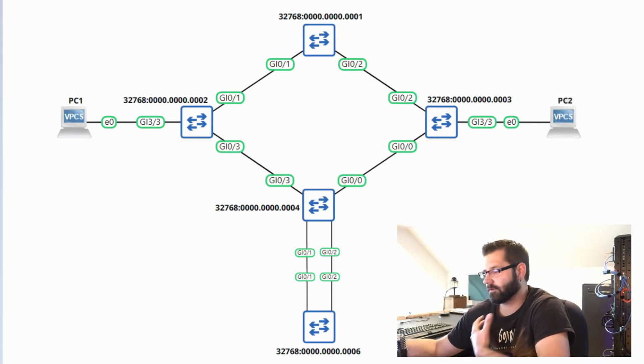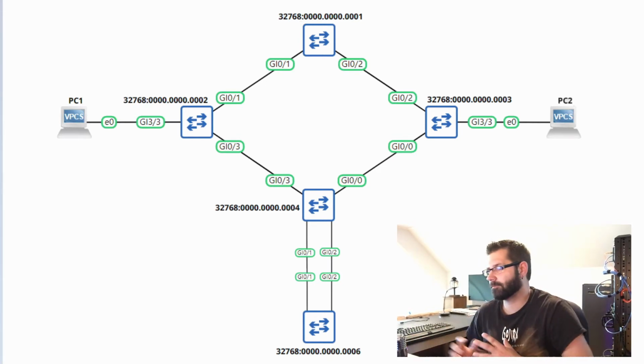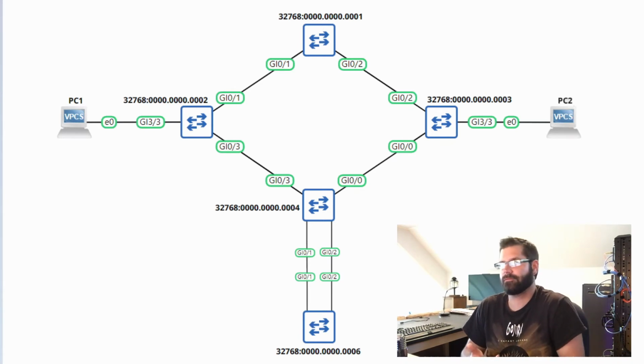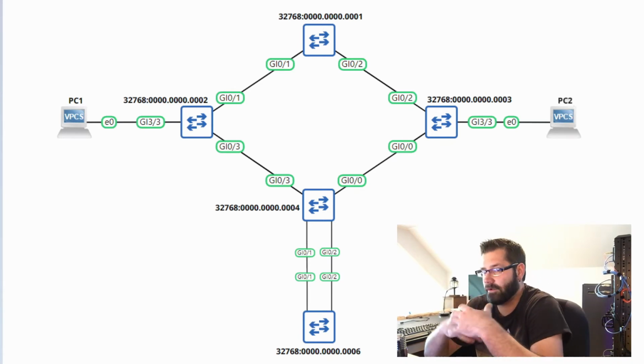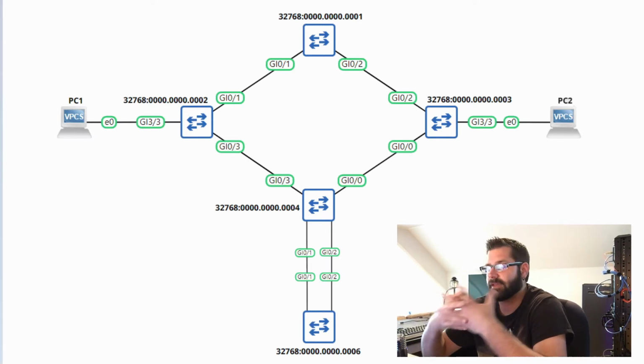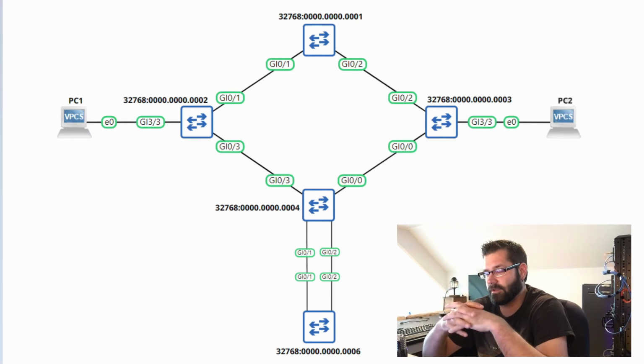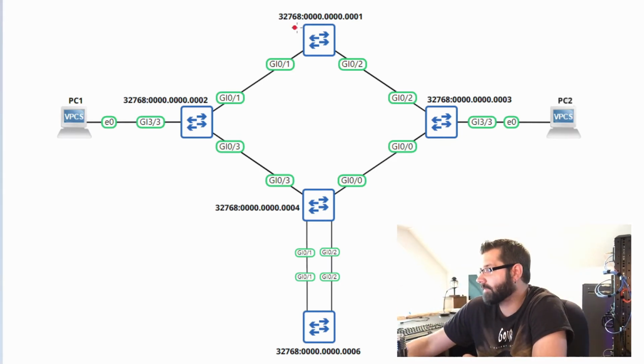Other than that, there's nothing hiding. There's no other factor that could play into it. No, it's the lowest bridge ID that determines the root bridge. So don't be thrown off. Don't feel intimidated by this. It's very simple, and that's also why, again, I simplified these MAC addresses, and the priorities are all the same.